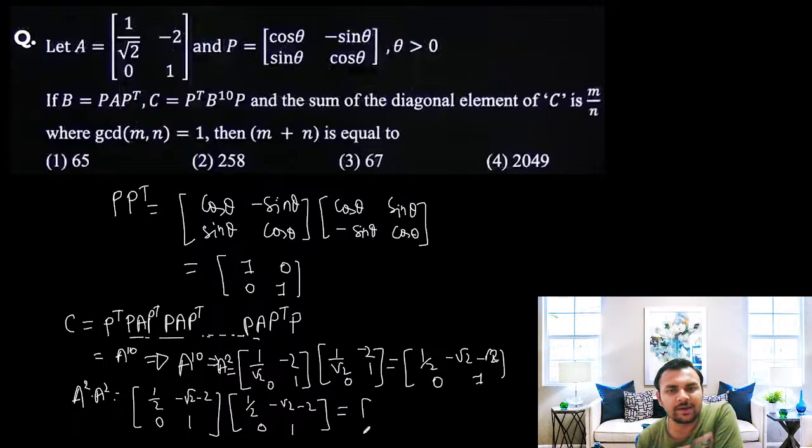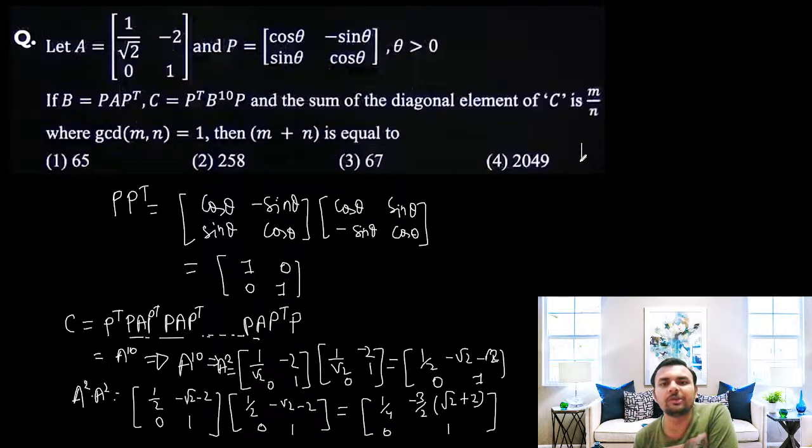So if you multiply, it is 1 by 4, 0, minus 1 by 2, minus 1 by 2, minus 3, minus 3 by 2, root 2, minus 2, root 2 plus 2, and this one is 1. So we'll have to go for A5 again.